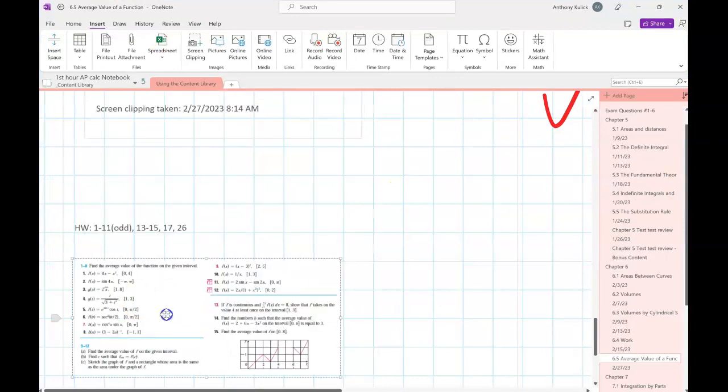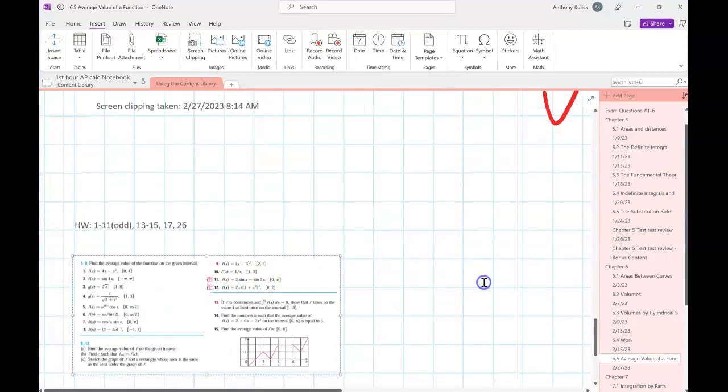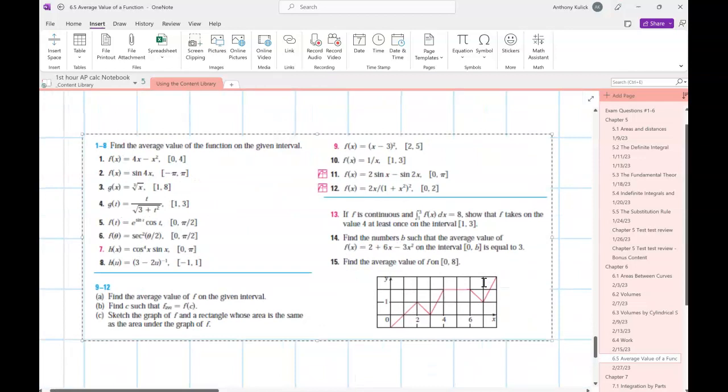If you look at 1 through 7 odd, it's just plugging it into the formula, grinding an integral, should be pretty easy. 9 through 11, they're asking you to find the average value, so you're using the formula.